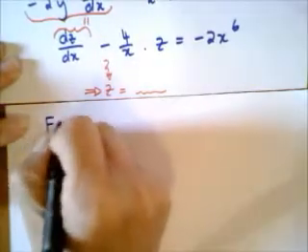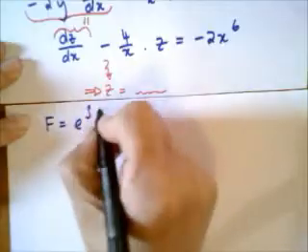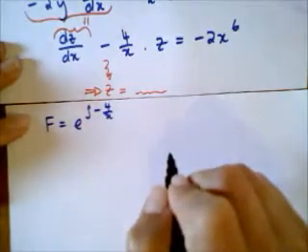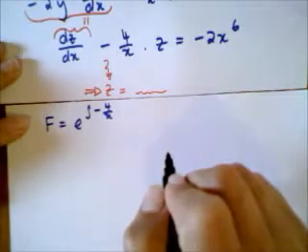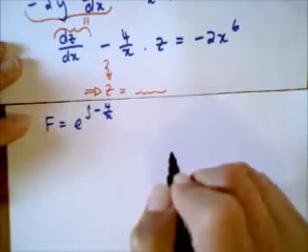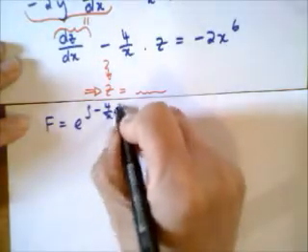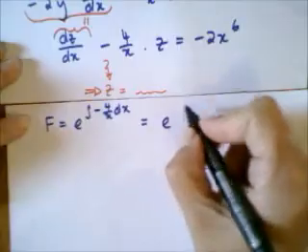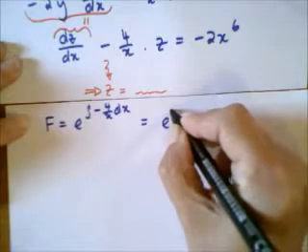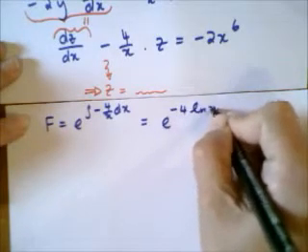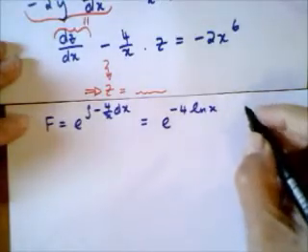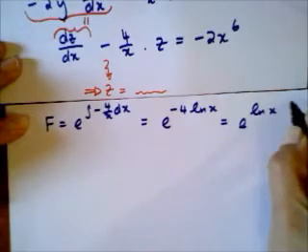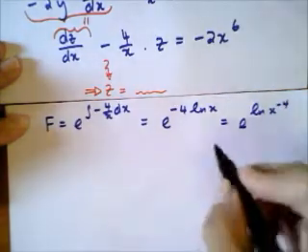So f is going to be e to the integral of minus 4 over x dx, which means it's going to be e to the minus 4 ln x, which means you're going to have e to the ln x to the minus 4.